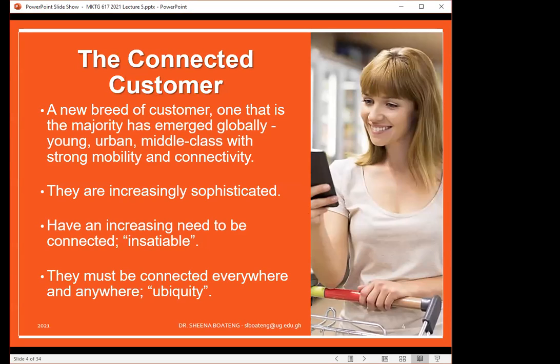Yes, good. Also, they have this increasing need to be connected, right? And this need is sometimes said to be insatiable. And this is very common with everyday activities that we usually engage in, right? Particularly with members of this class. We can see that the connected customer class always have at least 2 digital technological devices, right?